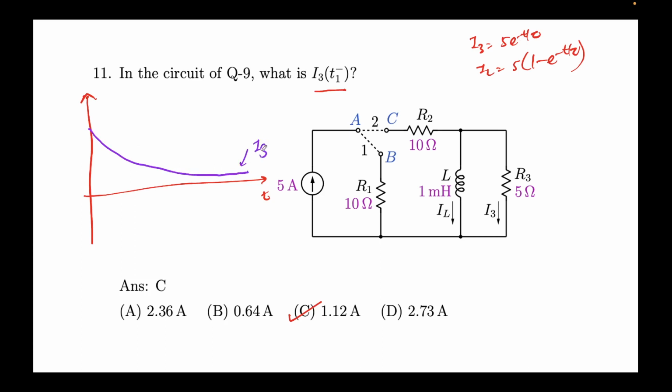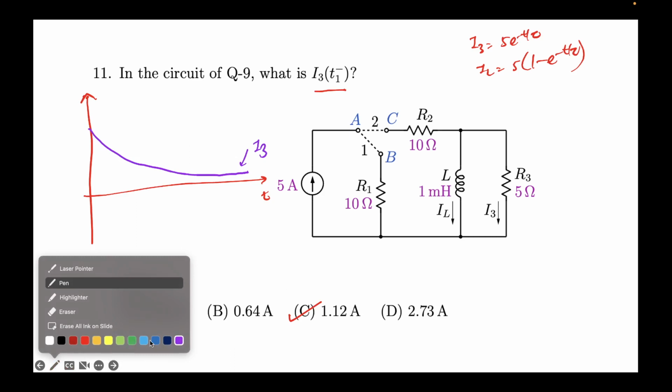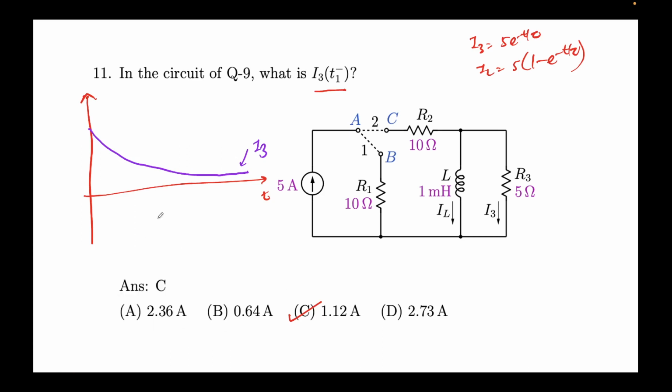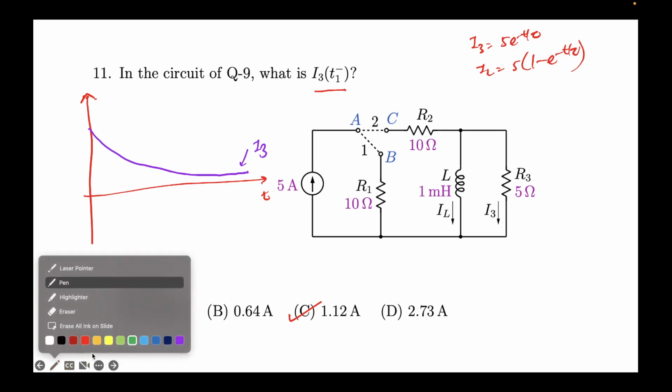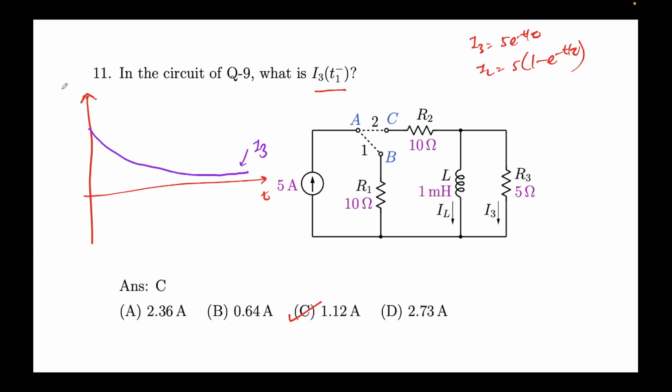I3, and let's put IL with this. Originally IL is 0. This is I, and this value is 5 amps.